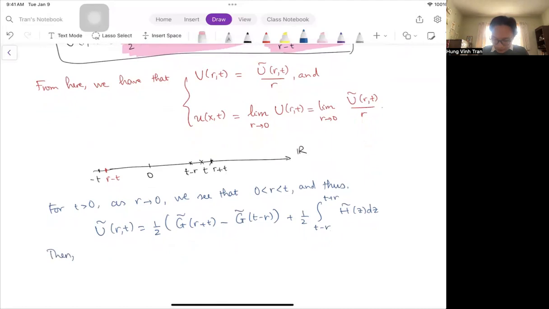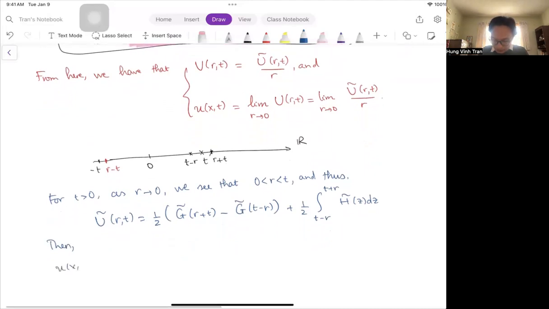Okay. Now I can write out the formula. We have simply that u(x,t) equals the limit as r goes to 0 of u tilde of r,t over r, which is the limit as r goes to 0 of 1/2.